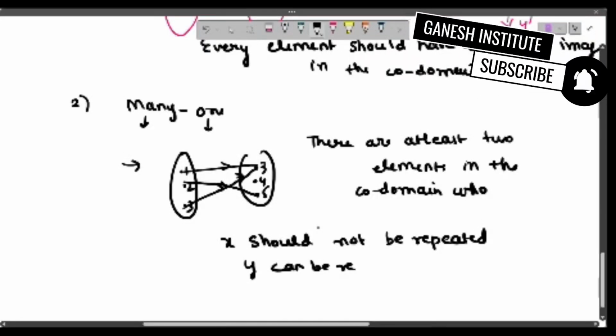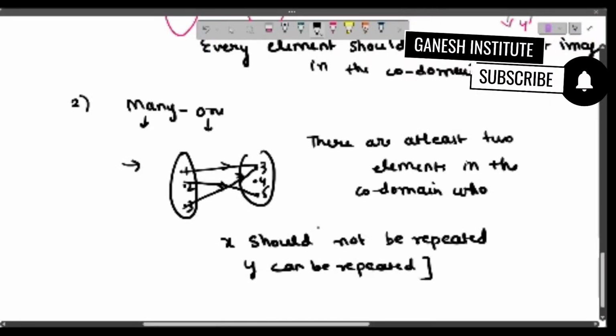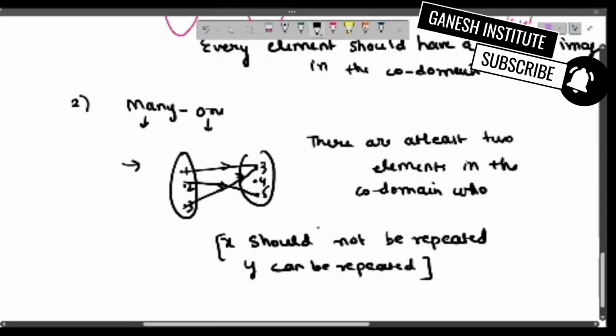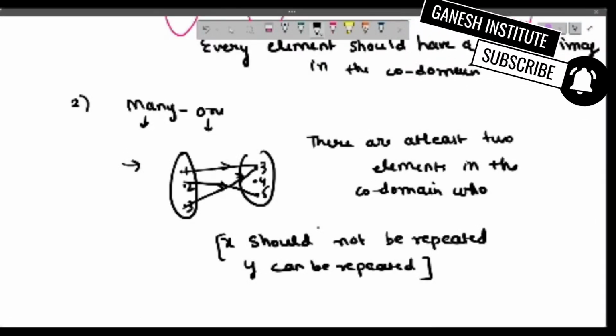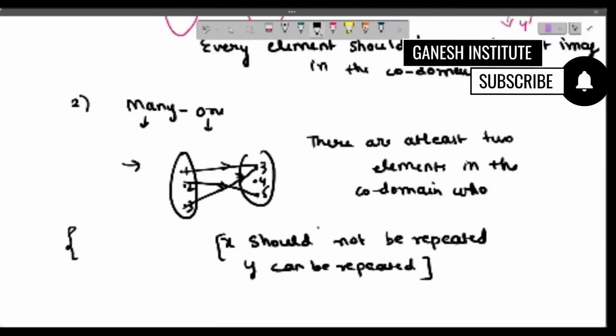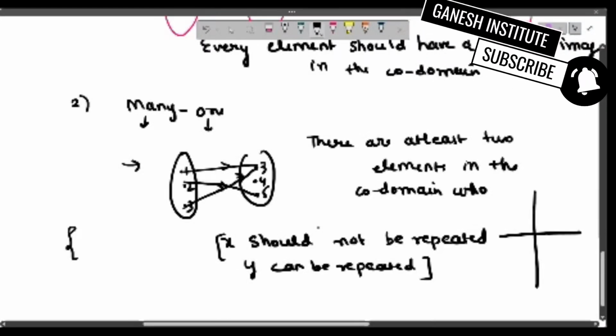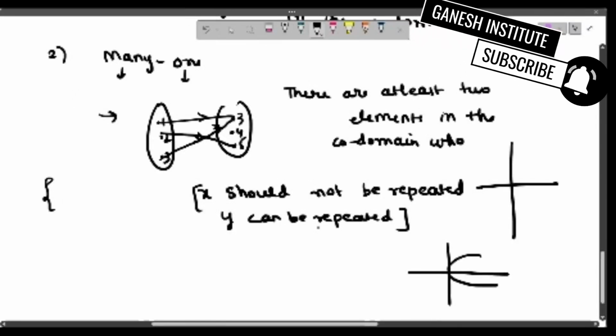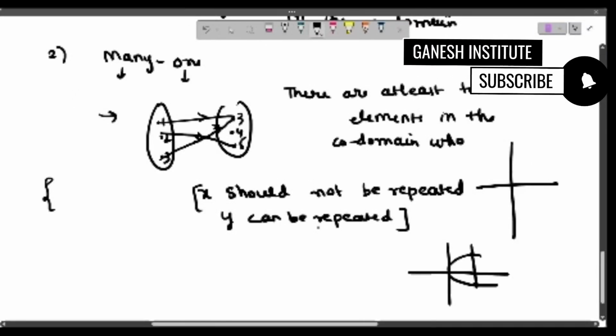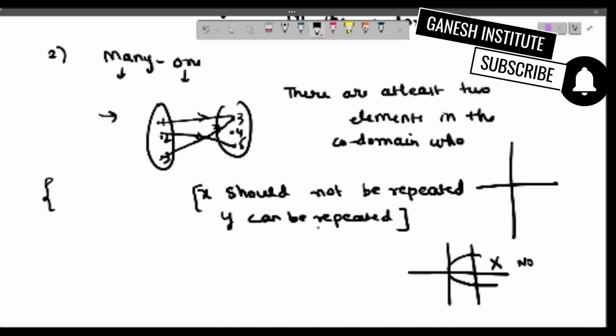So is this fine? Is it not the other way around though? Just remember with the vertical line test. If you have same x, it is not a function.